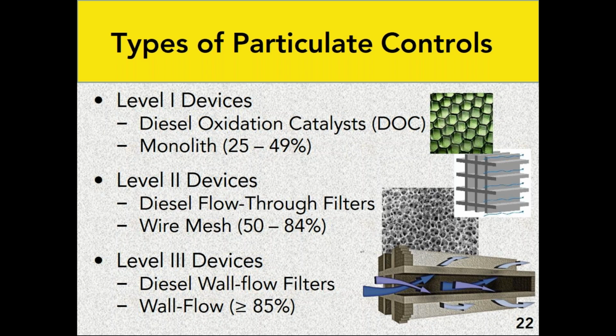So then level 2s, somebody came up with this device, and this is still considered a flow-through filter, which similar to the level 1, has nothing that physically blocks the exhaust gases from going through. However, it's constructed a little bit differently. Instead of having just holes or channels, it's packed with wire mesh.